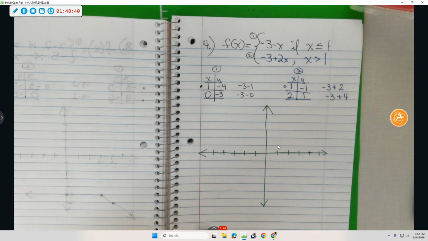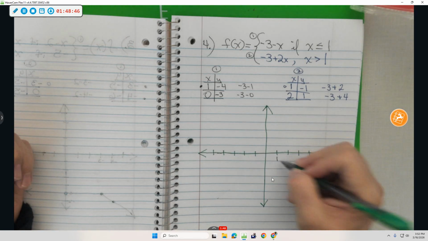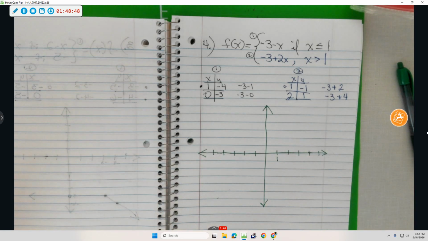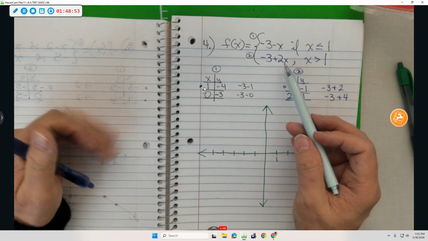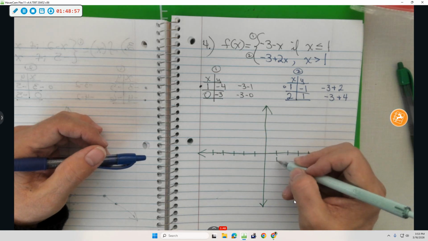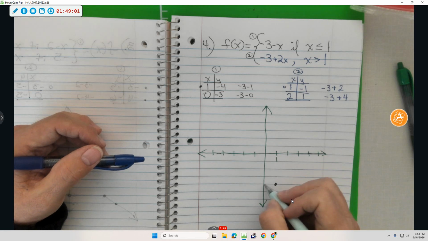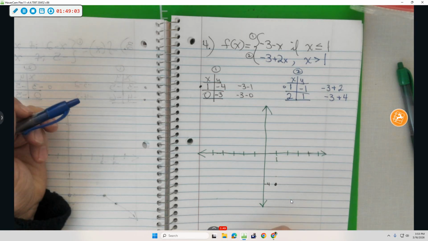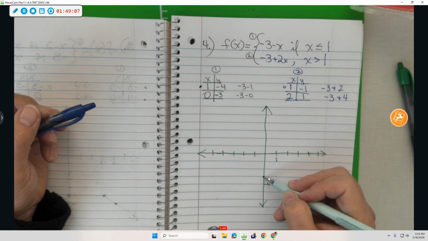So make sure we've labeled 1 very clearly on the x-axis. That's where the pieces are going to change. Okay. We go right 1, down 4. 1, 2, 3, 4. We have a closed dot. There's negative 4. Then right 0, down 3.